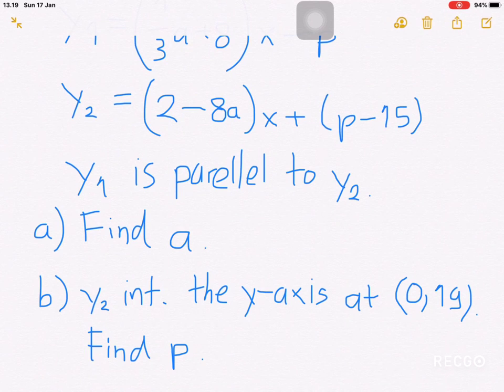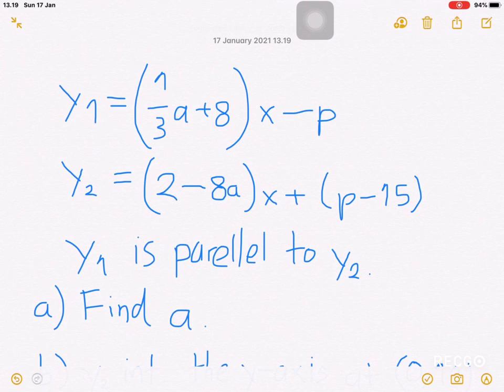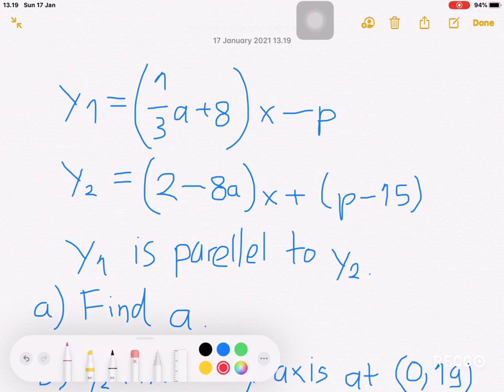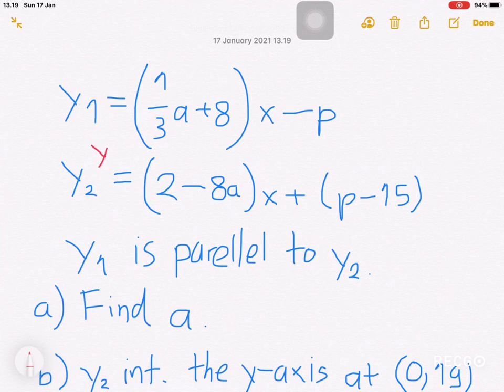So even though these look pretty difficult, if you think about it, in my last video I talked about the formula, which is y equals mx plus b. And notice these coefficients look similar to each other.